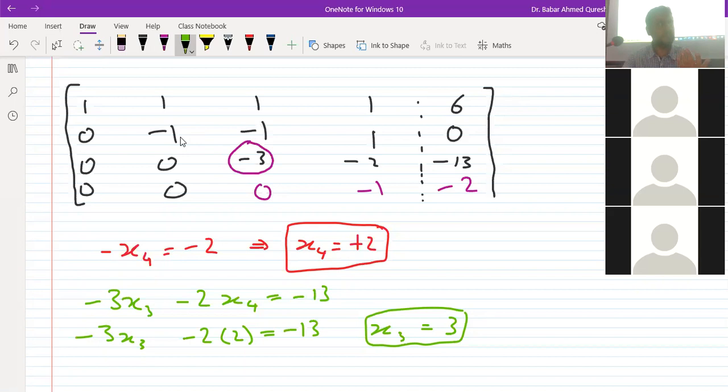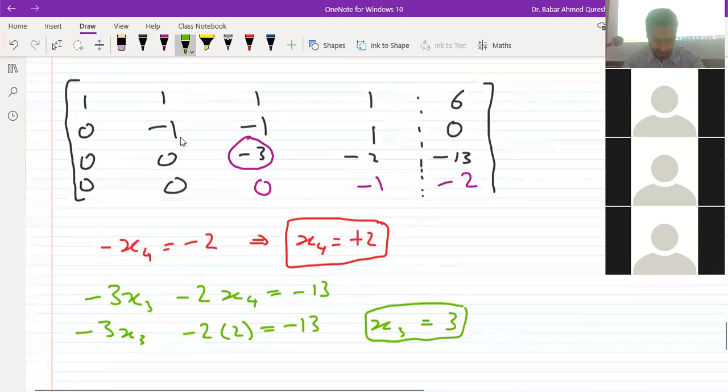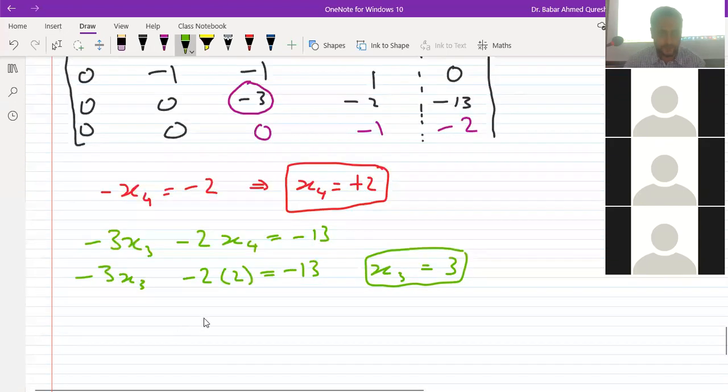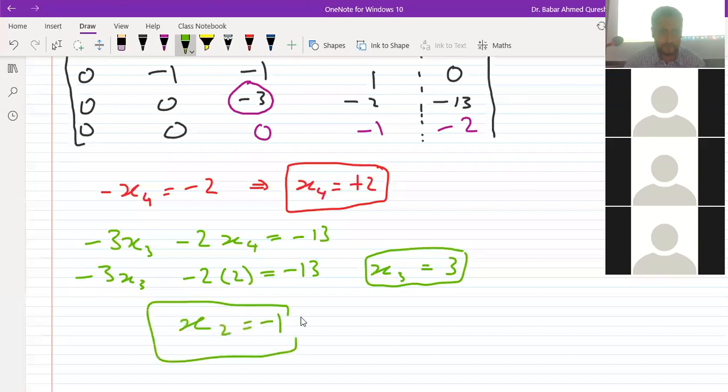So x2 is equal to -1 because you got a -3 plus 2, which is -1. And similarly, you can find by putting these values over here that x1 is equal to 2.